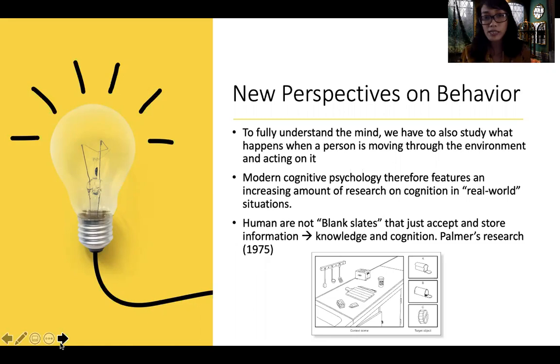For example, here is the experiment by Palmer that you can see in this picture. It was used by Palmer in 1975 to illustrate how our knowledge about the environment can influence our perception. Palmer first presented a context scene such as the kitchen here, and then briefly flashed one of the target pictures on the right side.